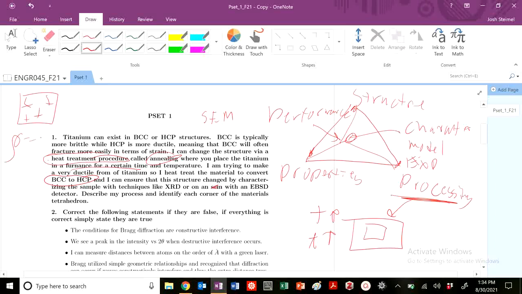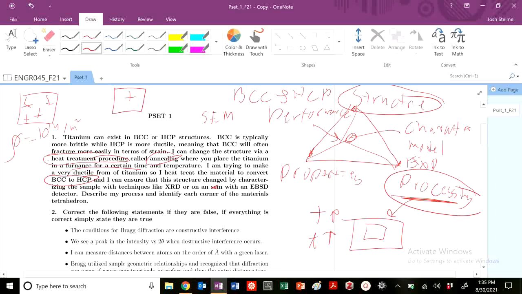Dislocation density could be 10 to the 14th dislocations per meter squared, and by doing this process I could change the structure and reduce the dislocation density to about 10 to the 7th per meter squared. So I'm doing a process called annealing to change the structure of my material, not only reducing the dislocation density, but also going, in this hypothetical example, from BCC to HCP, making it even more ductile. So I've done a process, annealing, to change the structure, and that is going to change my properties and performance.